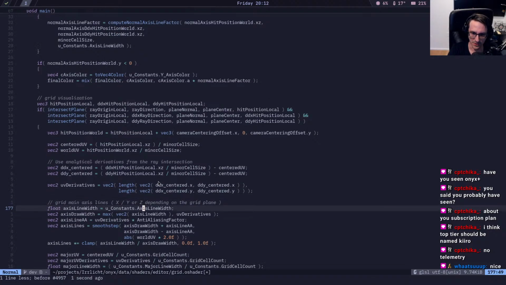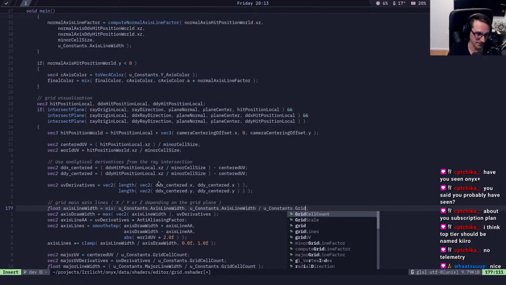So basically we do an axis line width here, which we mix between our u constant axis line width and the u constant axis line width divided by the grid cell count, because that's basically the next level, right?